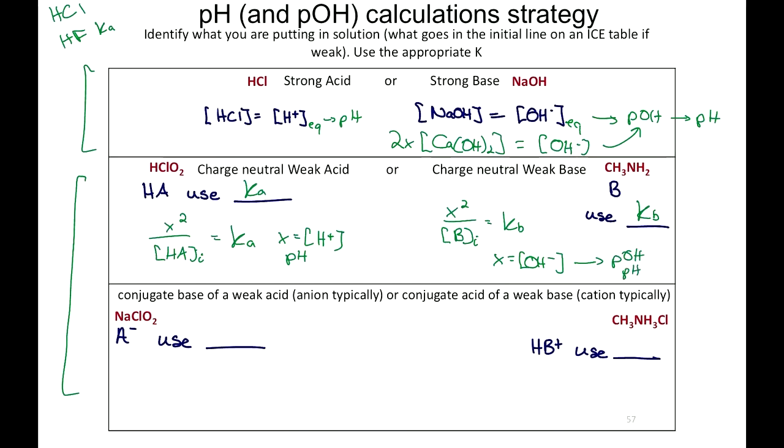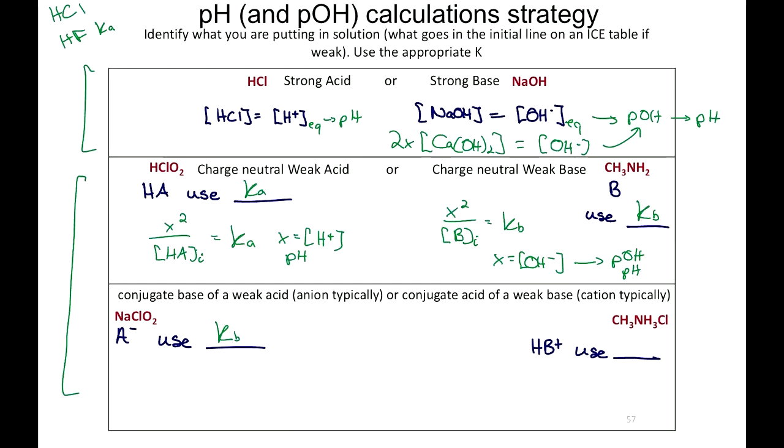Okay, the last ones, and these are the harder ones: what if I give you the conjugate of a weak acid, meaning the conjugate base of a weak acid? So this is not chlorous acid, this is sodium chlorite. So A minus is a weak base. So we actually want to use Kb instead here because A minus is a weak base. But will I ever give you Kb of a conjugate base?